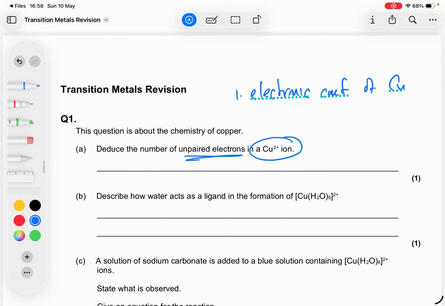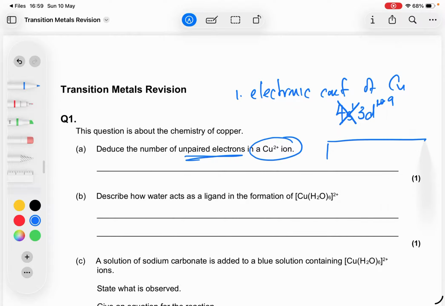If I just do the last part of it, it will be 4s1 3d10. Please remember that from your year 12 stuff. When it's copper 2+, the electron goes from the 4s first and then from the 3d.